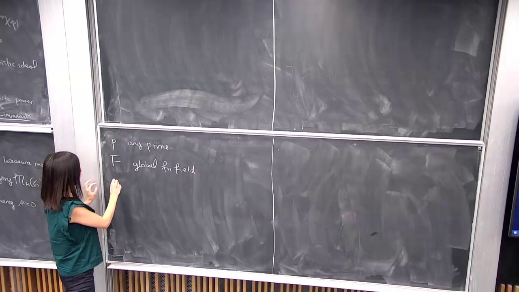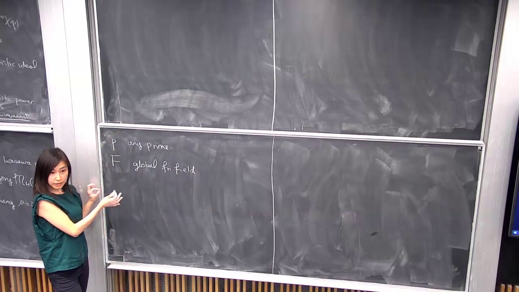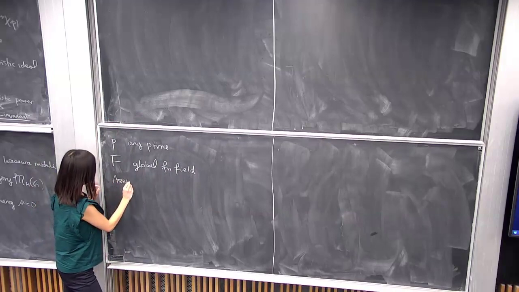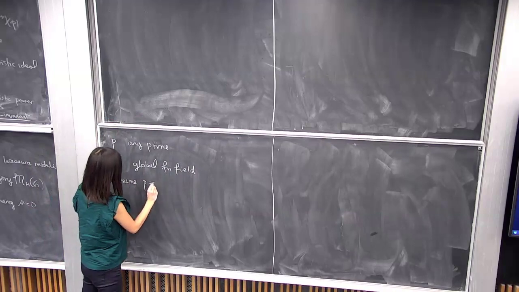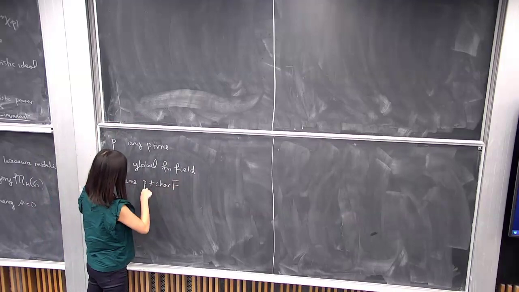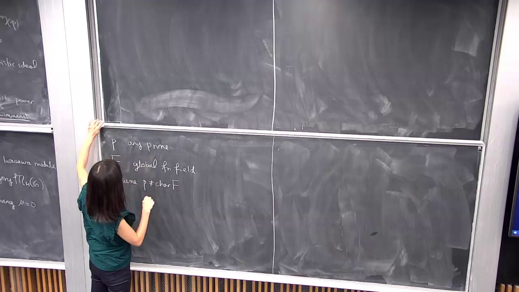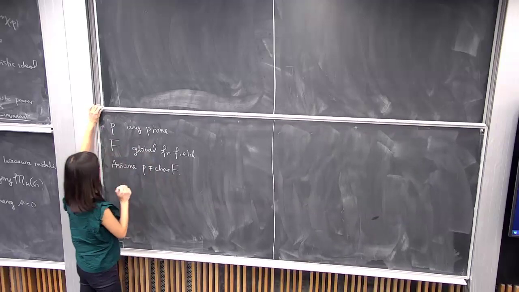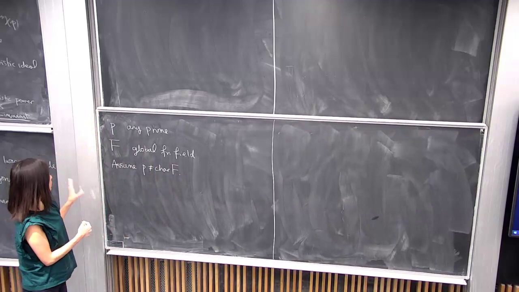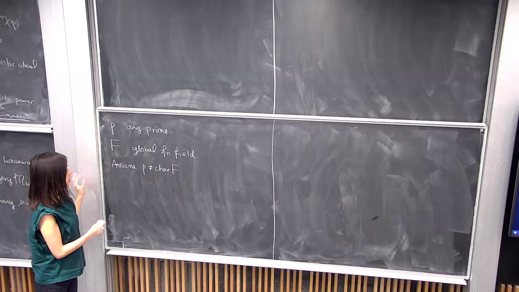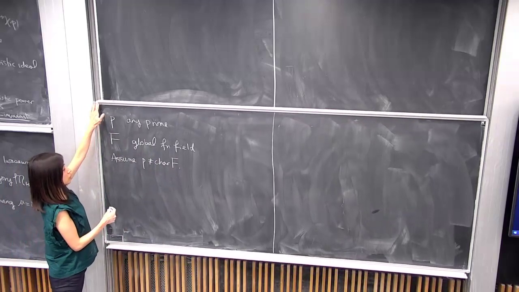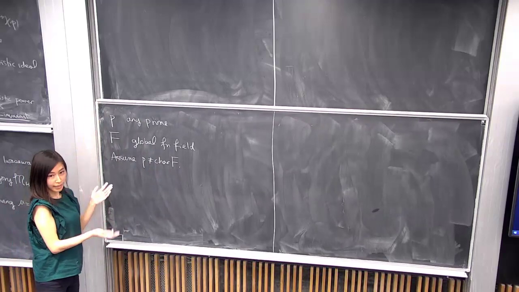And I'm going to assume that the characteristic of F is different from p. And following the number field setting, I'm going to only consider the following nice set of extensions.